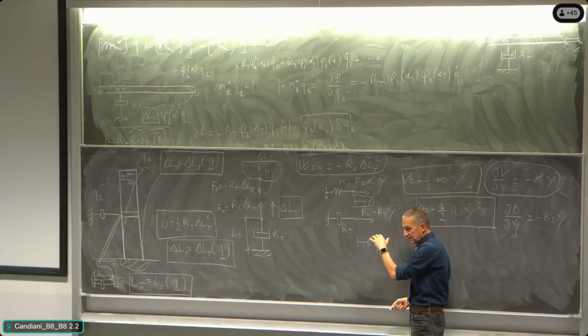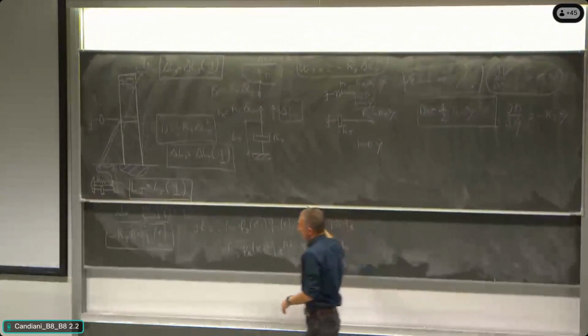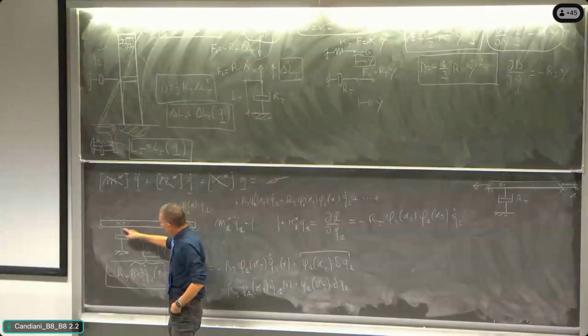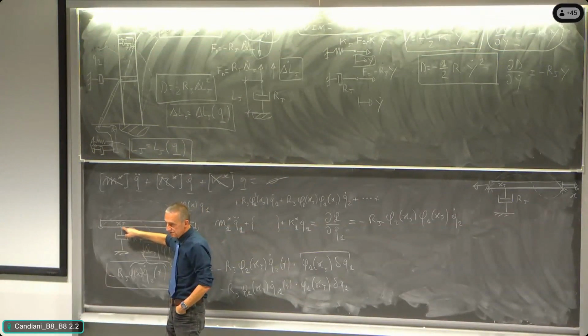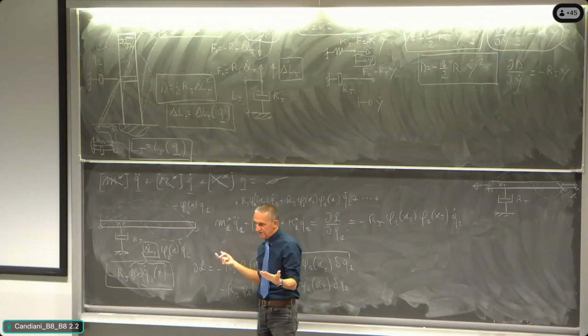So the force is simple, is associated to the velocity, all right? And so I have to answer the question, which is the velocity here? The velocity here is the superposition of all the modes that are running together.